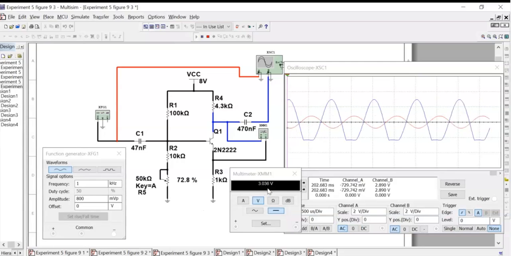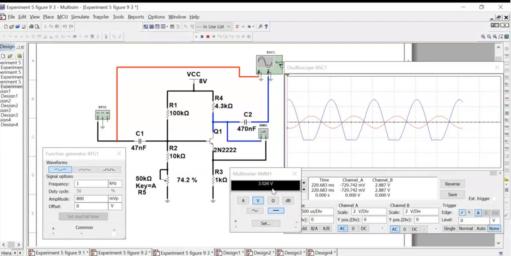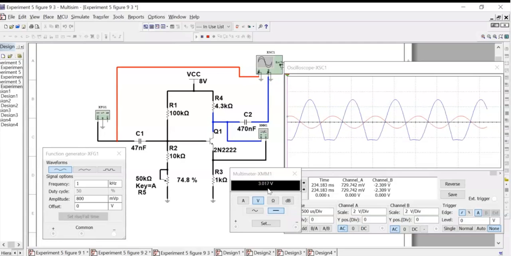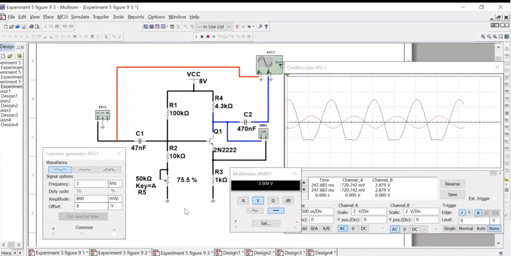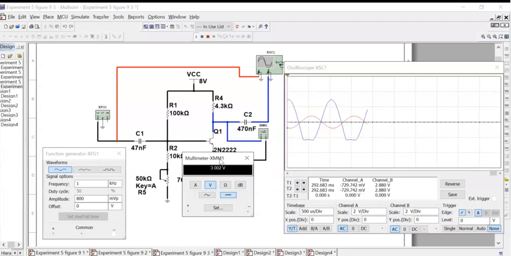BCE should be 3 volts. Oops. And AA. Siguro almost na yan. Okay, almost 3 volts. So we need to get the output waveform.